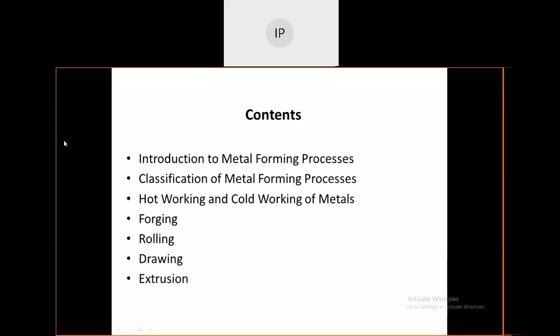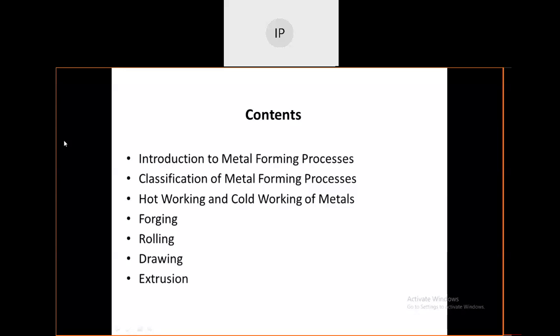Once the force is applied on the workpiece, it will take its shape without removing the material. What happens there is the principle of plastic deformation. Once you apply the force on the workpiece, the material deforms by plastic deformation. What is plastic deformation?